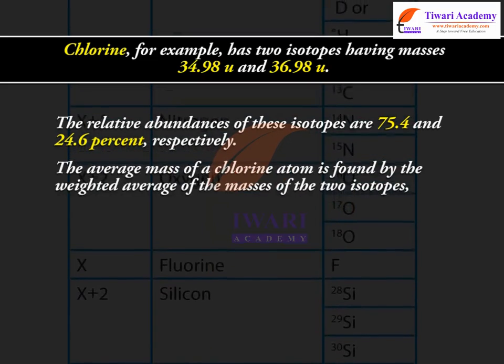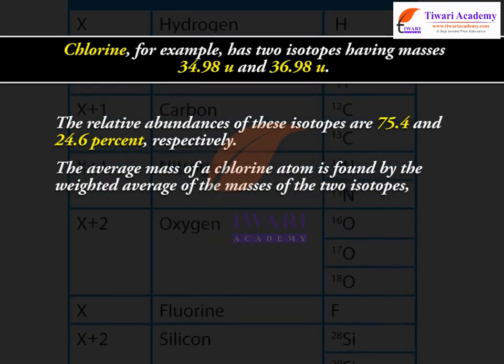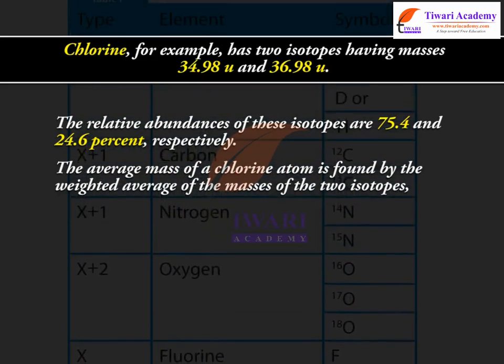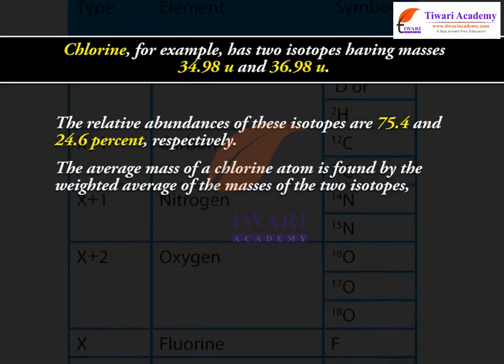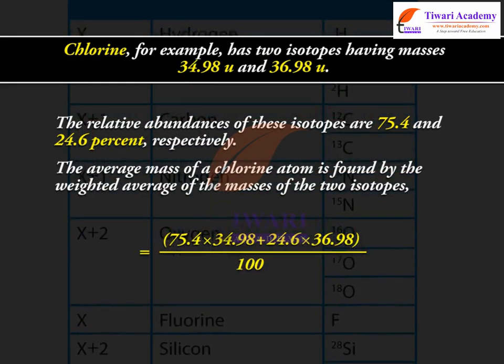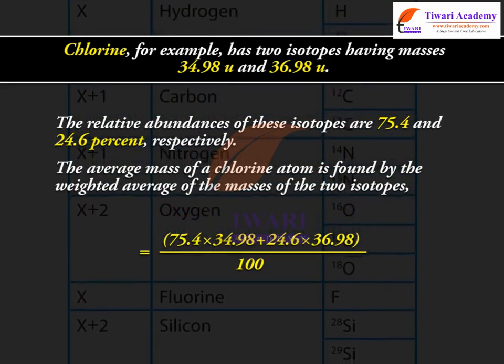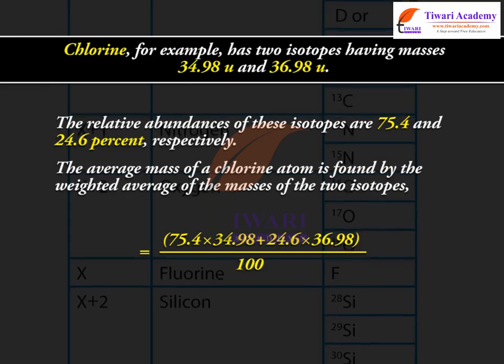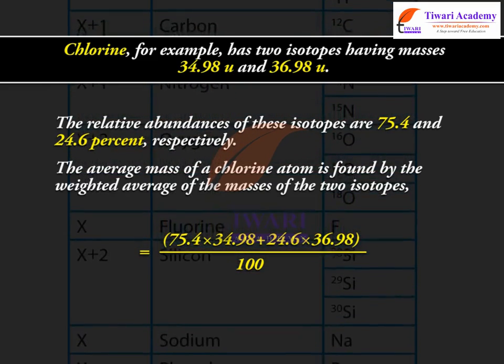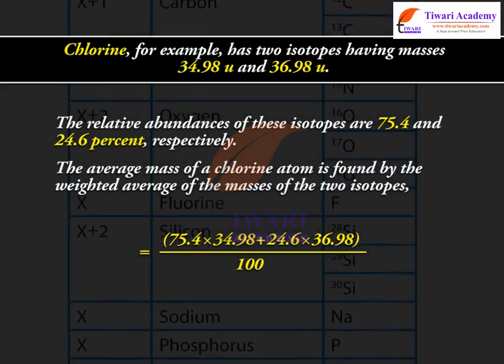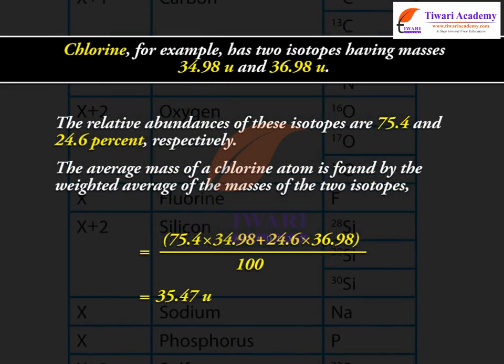Thus, the average mass of a chlorine atom is found by the weighted average of the masses of the two isotopes, which is (75.4 × 34.98 + 24.6 × 36.98)/100, which is equal to 35.47 U.